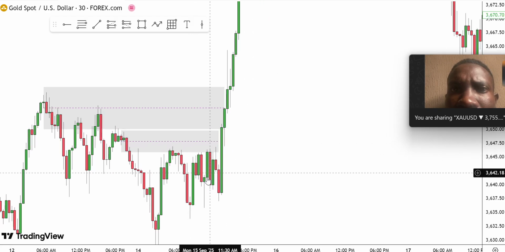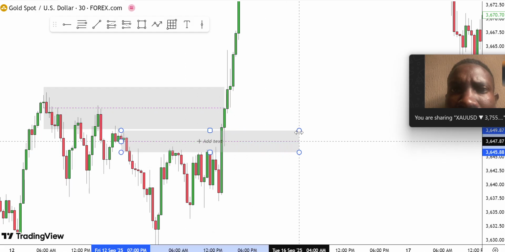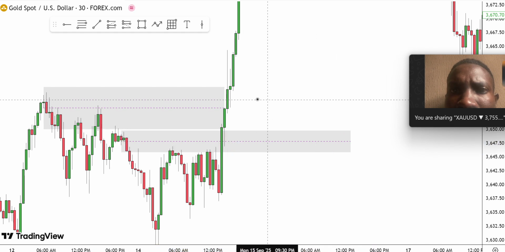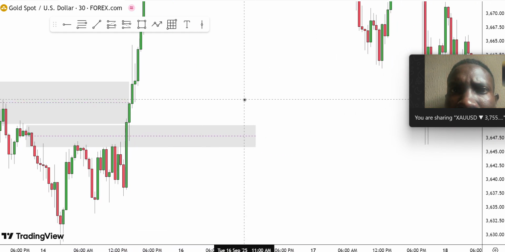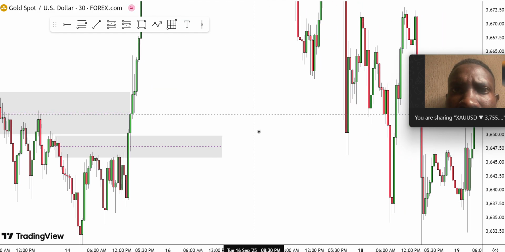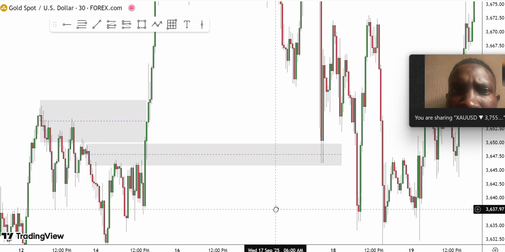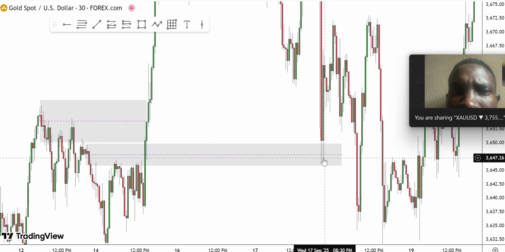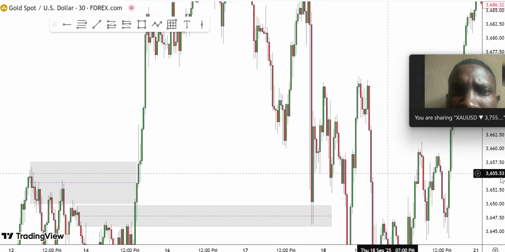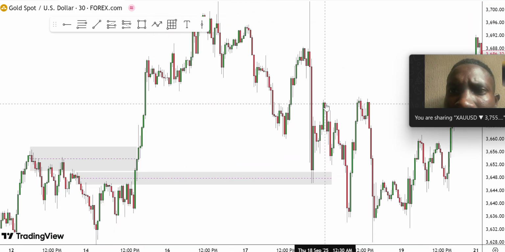Now when price came down and broke, there was this break here. This was where it broke the first time. And so when price came into the same area, it became the breaker block for price to go up. So it was like demand for price to go up.